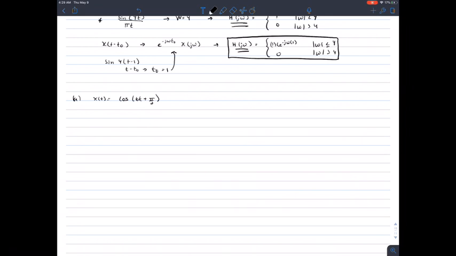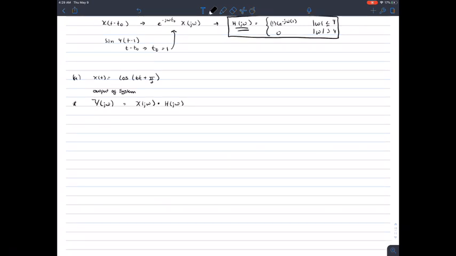So let me show you what I'm talking about. So y of j omega, this is going to be the output of the system. Okay, y of j omega, and when you need to find the output response, it is equal to x of j omega, which we are about to find, times h of j omega, which we have already found, okay? So this is going to be the equation that is used throughout the rest of these problems.